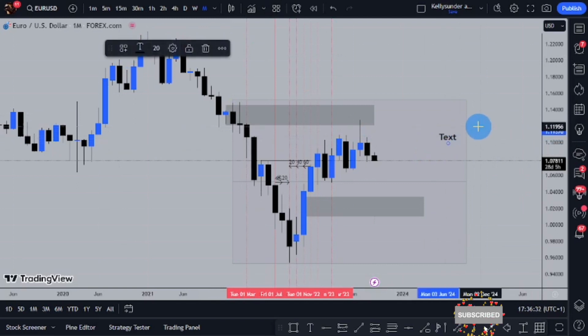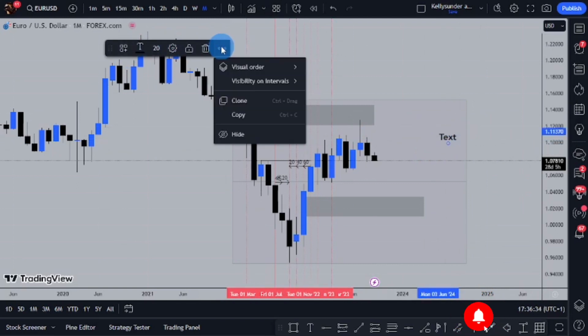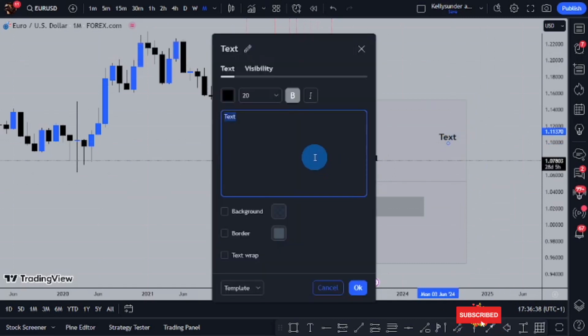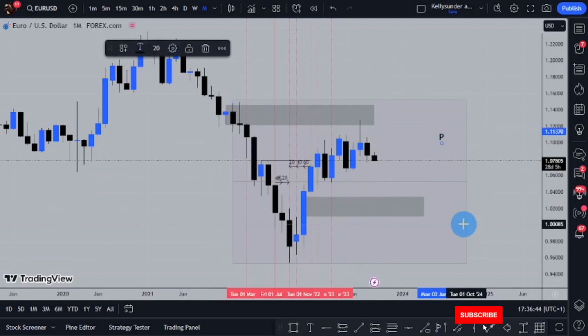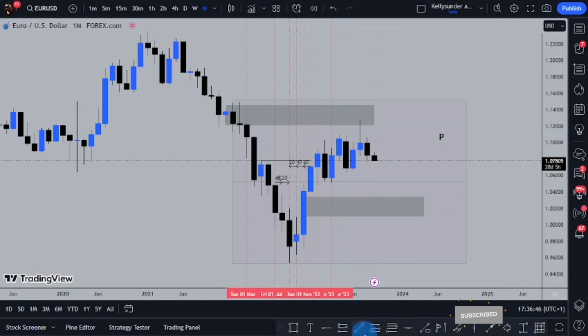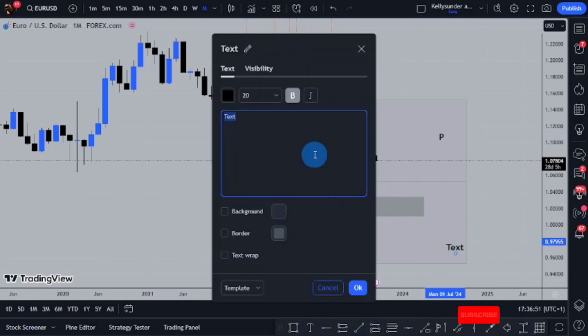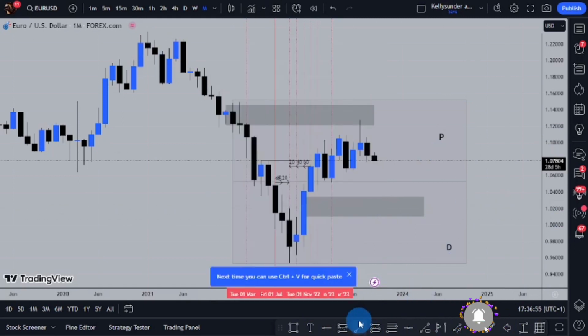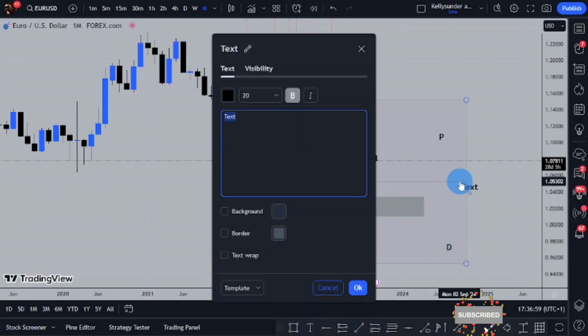But right here is your premium. So I'll just use capital P for premium. Then over here is discount, let's add another text so that you understand what we are saying. Discount, that is D. Then over here is equilibrium, that is the midpoint, so let's annotate that as E.